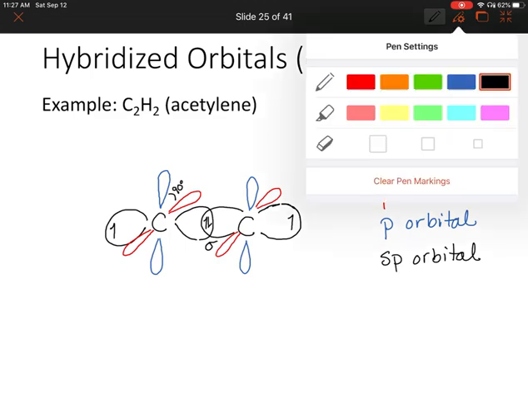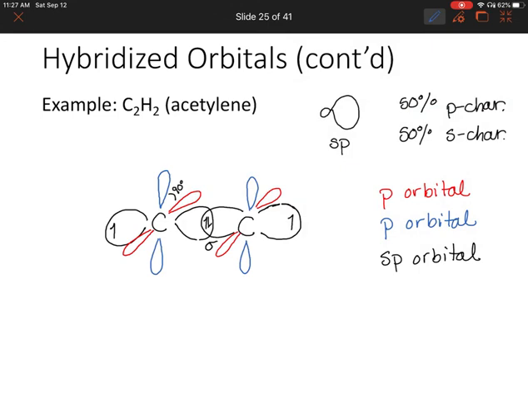Okay, now each of those p orbitals has an unpaired electron. And it doesn't really matter if they're in the upper lobe or the bottom lobe, because we don't really know where it is at any given moment. We just know that it's somewhere in that space, right? So it could be above the carbon, it could be below the carbon.